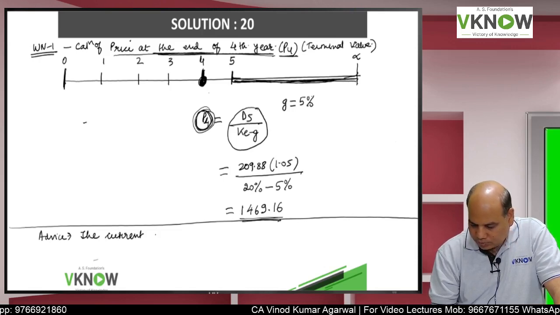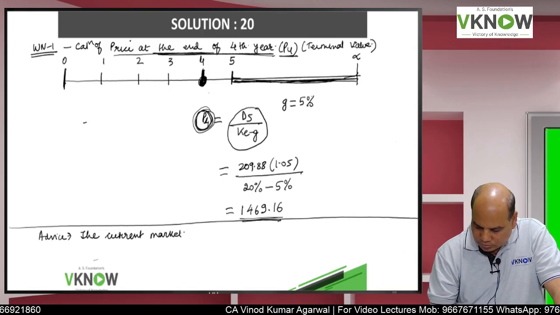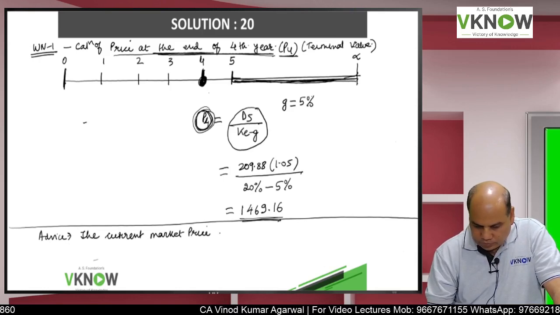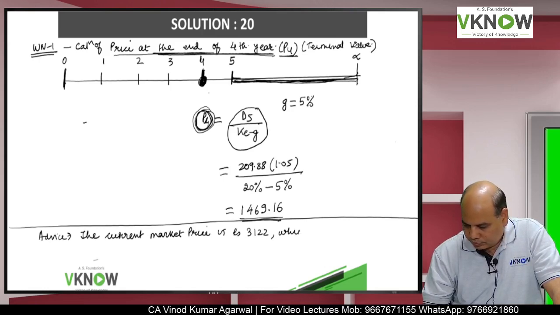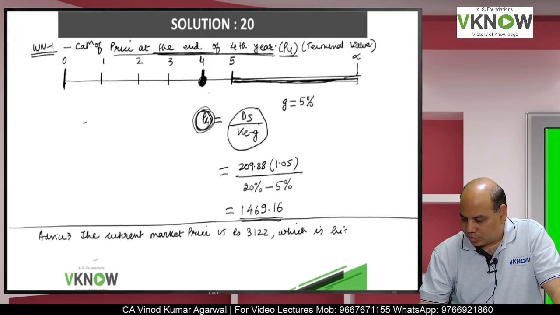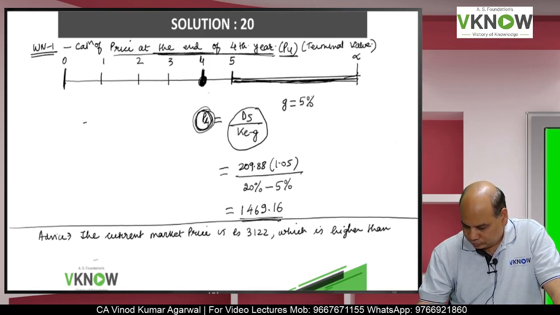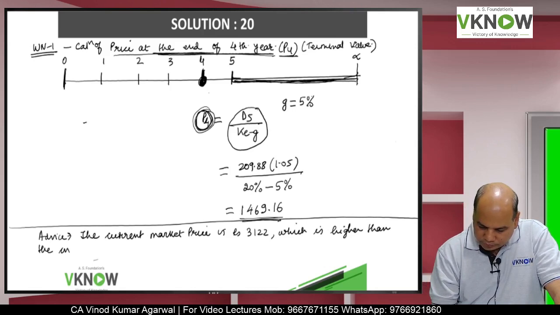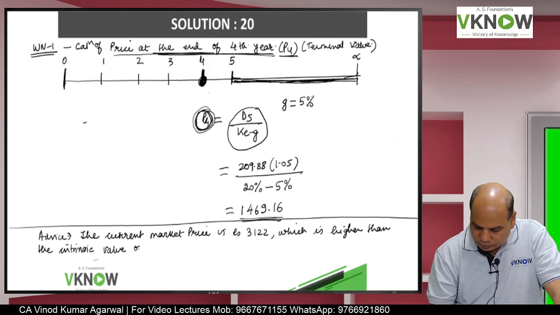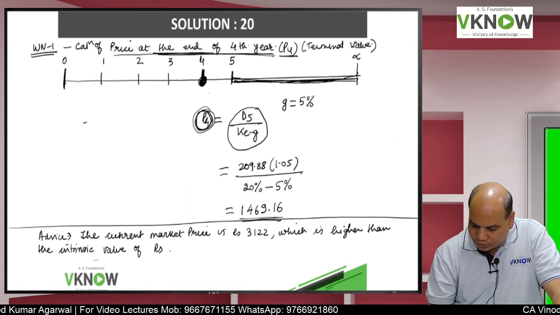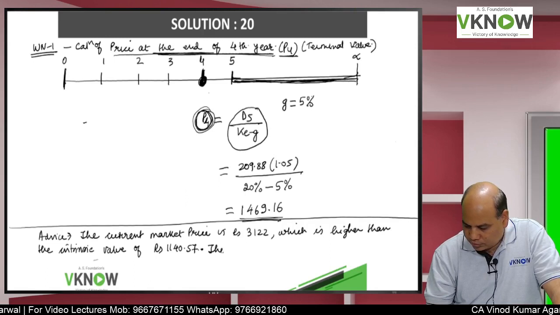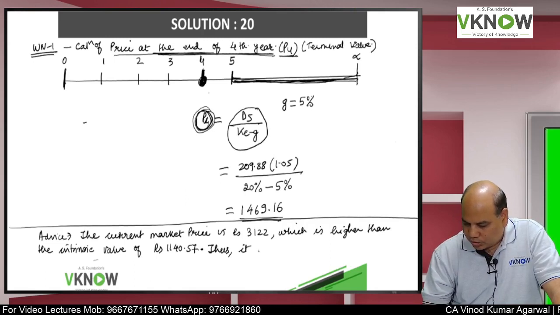The current market price is rupees 3122, which is higher than the intrinsic value of rupees 1140.57. Thus, it is overvalued by.